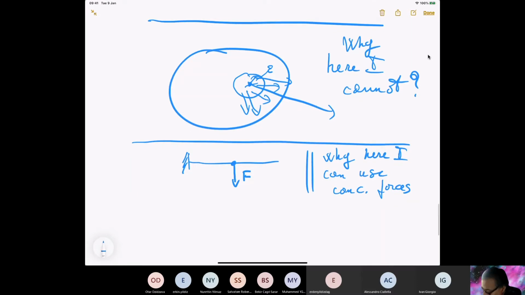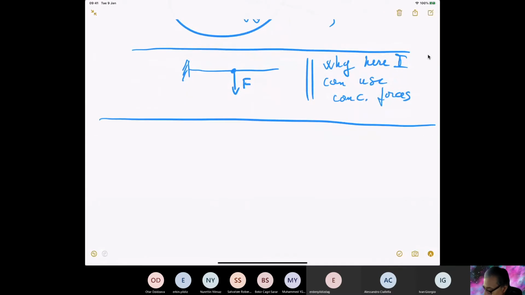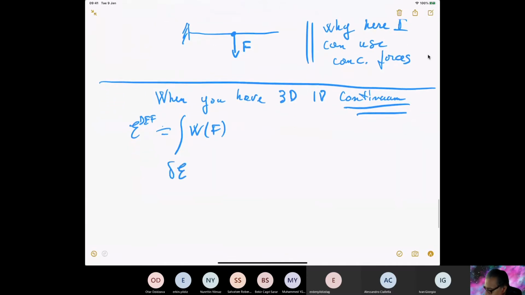I start giving you this answer. The answer is easy. When you have 3D first gradient continuum, the deformation energy is this one. You calculate the first variation. So this is a purely mathematical reason.